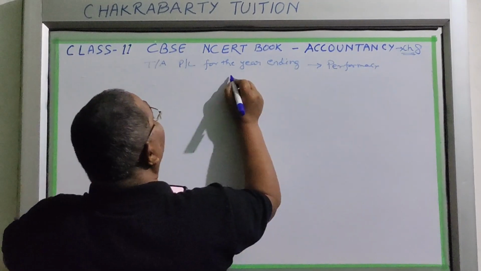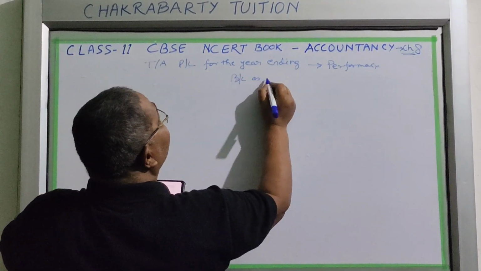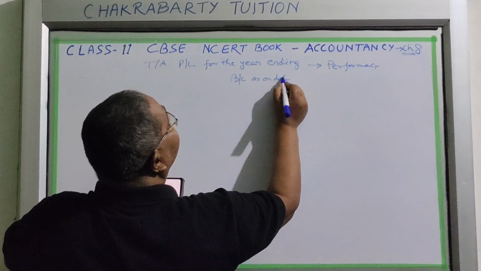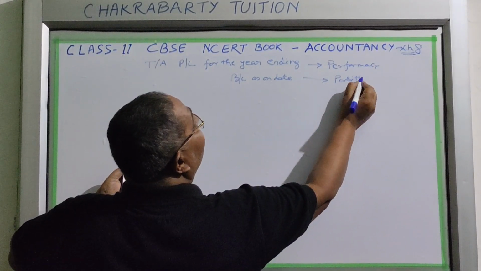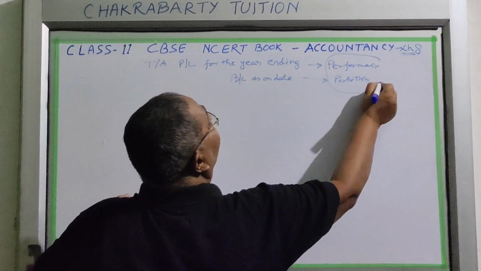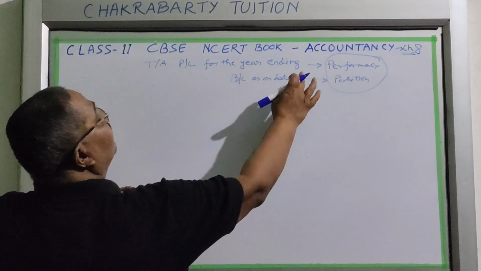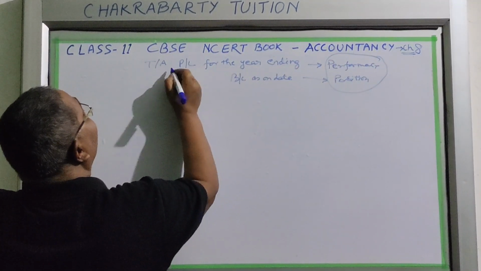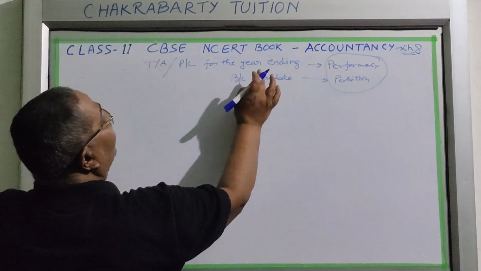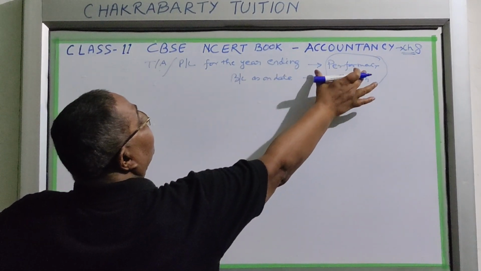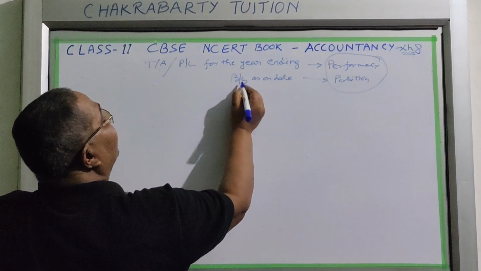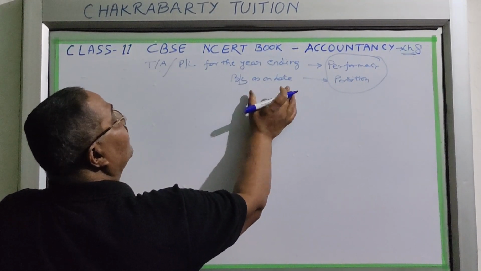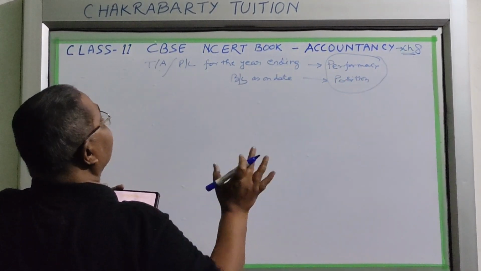And the balance sheet is as on a particular date, so this shows the position. These are the main objectives of your final account. When we discuss trading and PL account for the year ending, we will know the performance of our business. In the balance sheet, it will be of a particular date that shows our position.